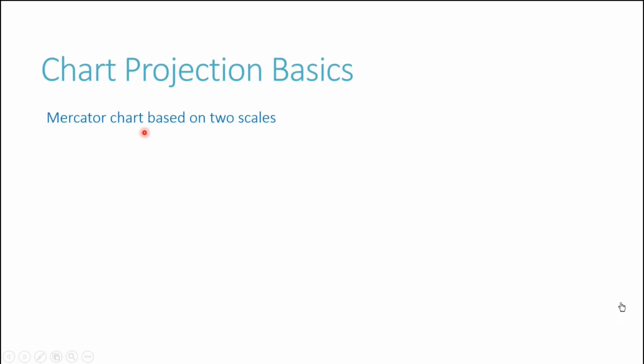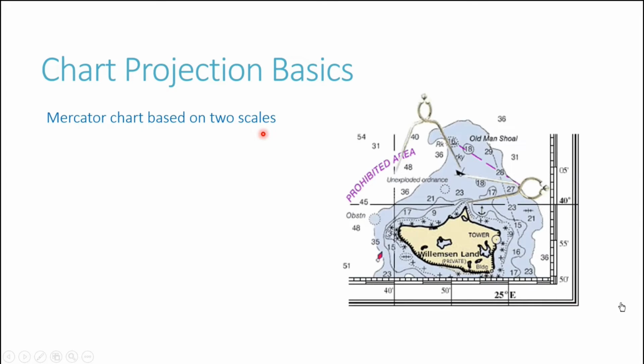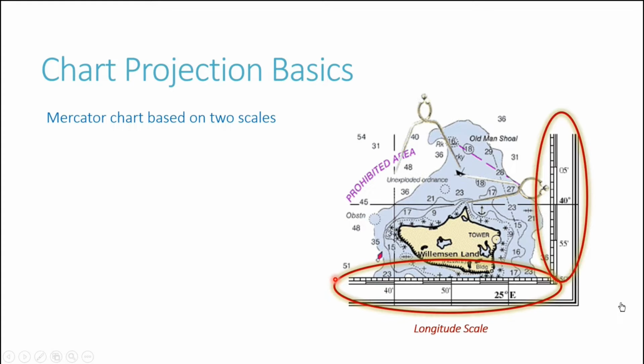A Mercator chart is based on two scales. We are aware there are two different scales on a Mercator chart. Let's have a look. You see a small part of the Mercator chart on the screen now. You see a scale on the horizontal side, the bottom horizontal scale at the bottom of the chart, which is encircled, and you see another scale which is the vertical scale on the right side of the chart.